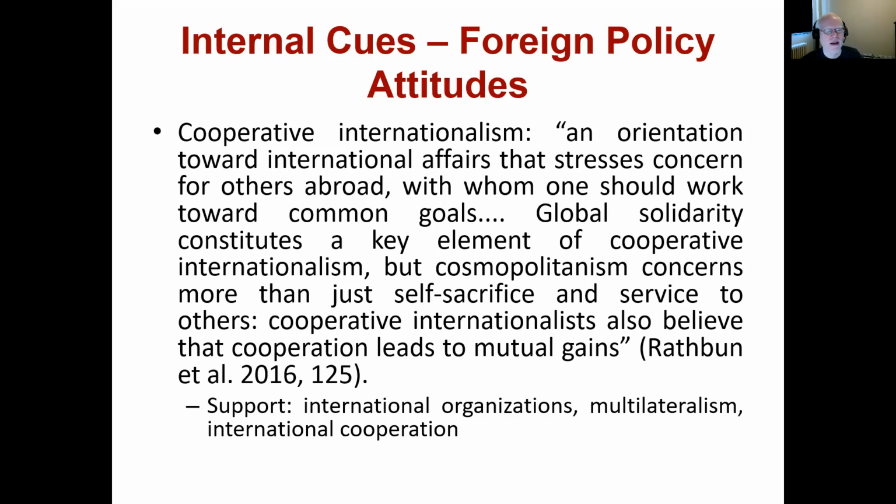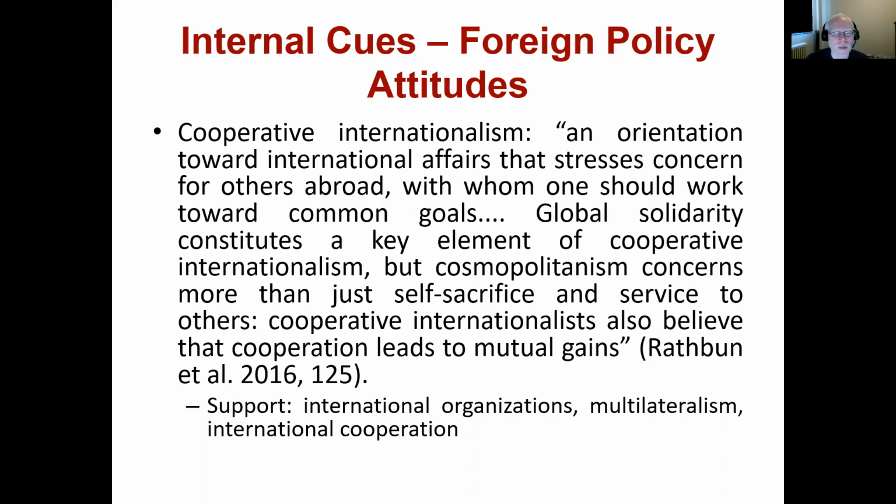So a cooperative internationalist looking at any international issue, whether it's conflict: if there's a conflict, should you try to solve it, initiate a war alone, or should you work with the international community to find a solution, and if it needs war, at least get the approval of the international community?